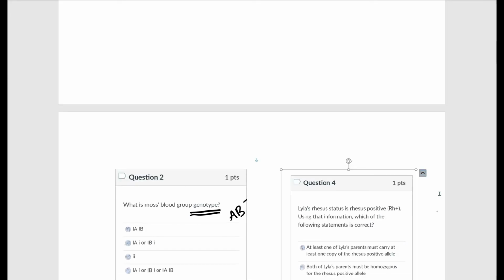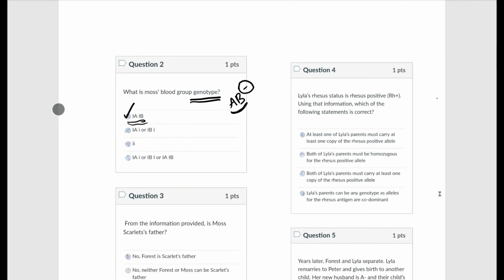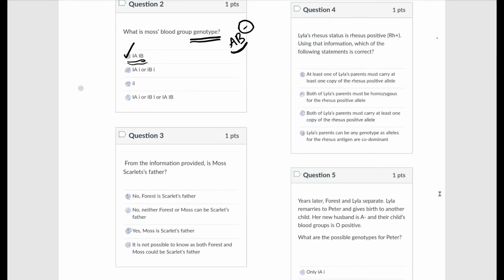Okay, so we said his blood group type is AB, and remember we said the RH has nothing to influence the genotype of the letters that are written like that. So we said AB, regardless, it can't be recessive, so the answer is this one. For question 3, from the information provided, is Moss Scarlett's father?